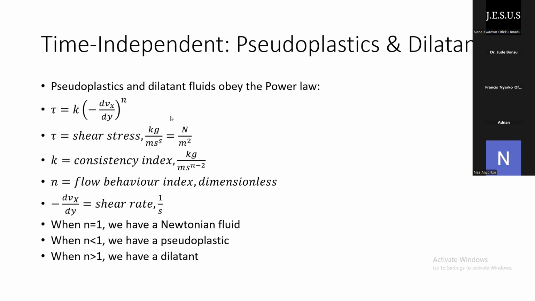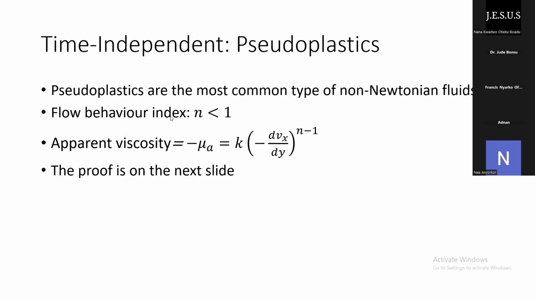So when it's less than 1, then we have a pseudoplastic fluid. When you substitute it here, we are seeing our n is less than 1.